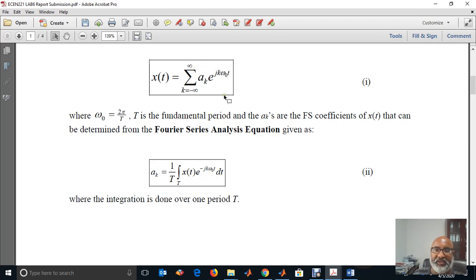If we see the reconstructed signal for k max equal to 10 and k max equal to 50, it is clear that the result for k max equal to 50 will be more accurate, closer to the theoretical result for x(t).